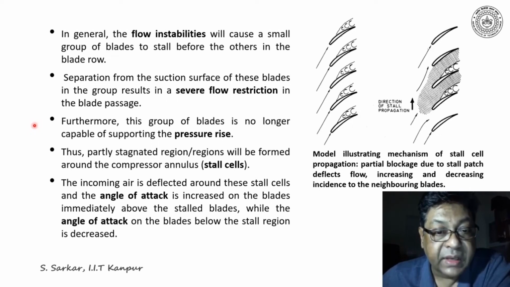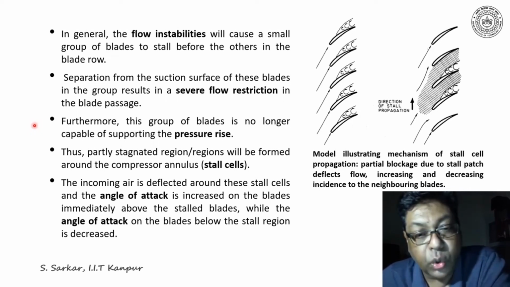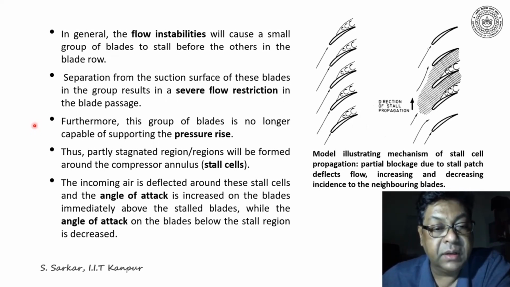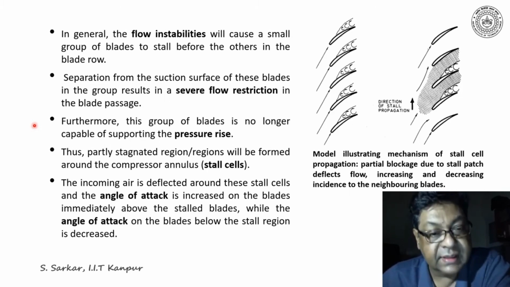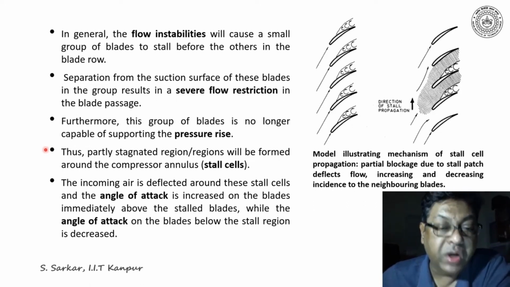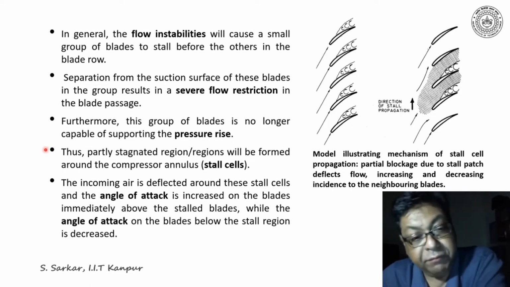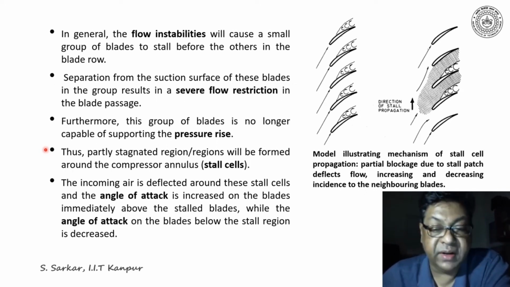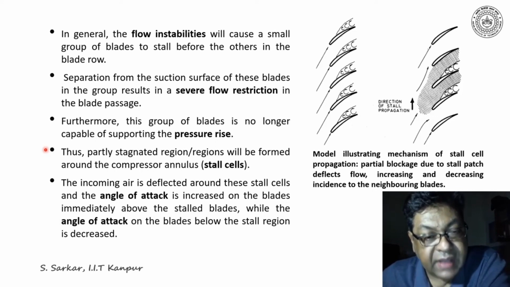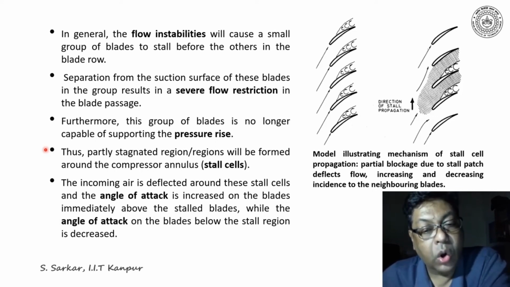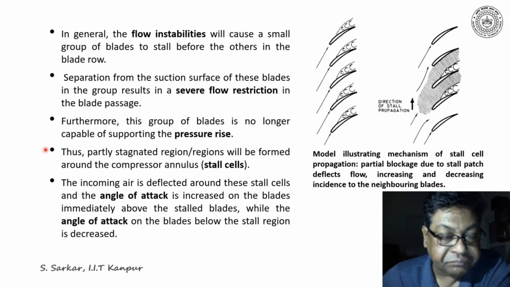Furthermore, this group of blades is no longer capable of supporting the pressure rise. Thus, partially stagnated region or regions will be formed around the compressor annulus, and these patches are called stall cells.